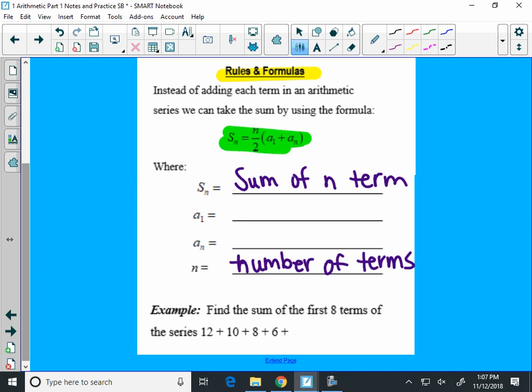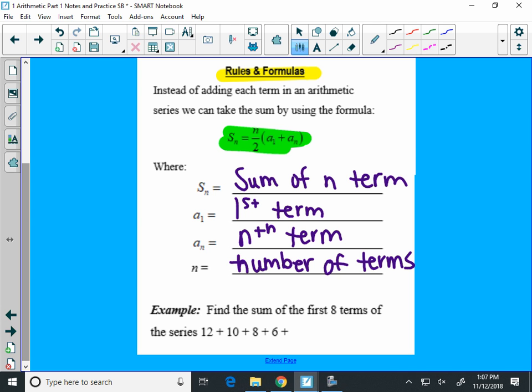A sub 1 is always the first term. So A sub 1 is our notation for the first number in the pattern. And A sub n is the nth term again. We called it that on the other column. So that's just your notation for when you're adding up a bunch of terms, we need to know particular ones.